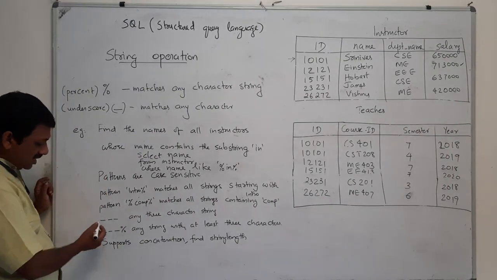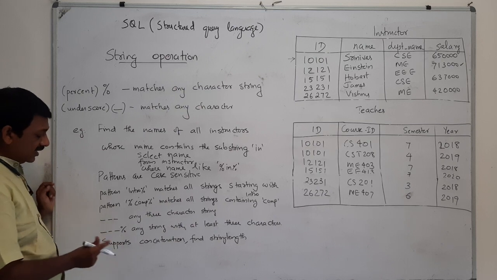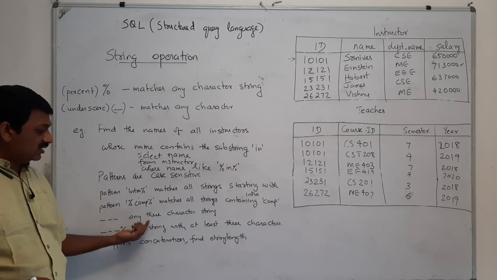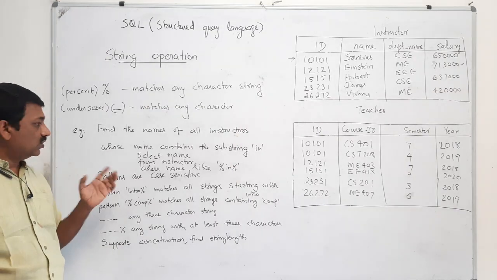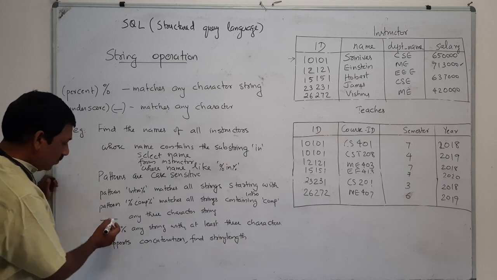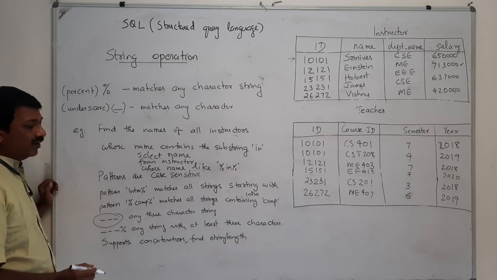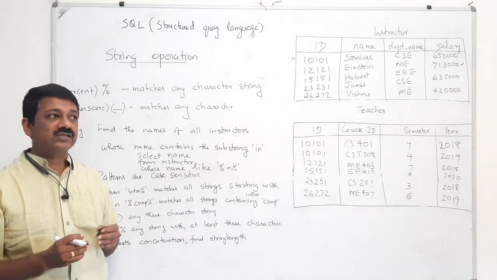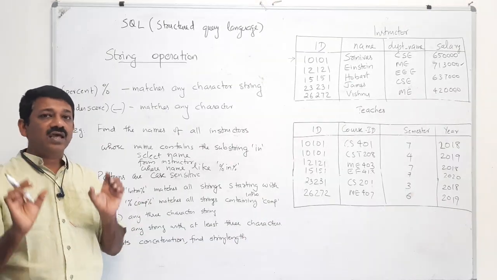Then the underscore indicates a single character. Here three underscores indicate any three character string. So suppose where name like, if you give this there, what will happen? It will return the names of all the instructors whose name contains three characters only.